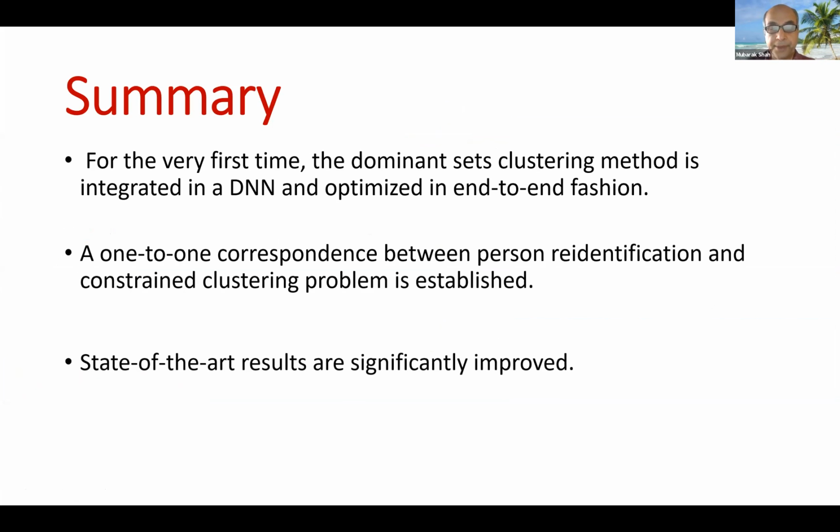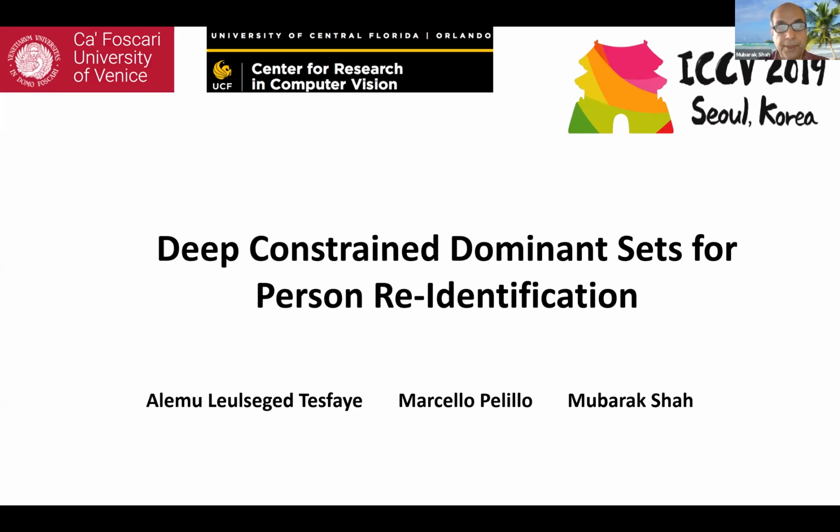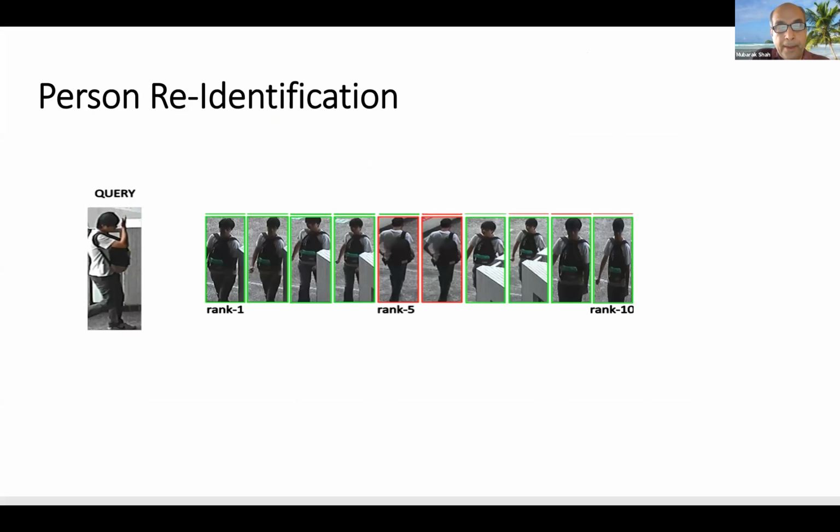Also, we get state-of-the-art results. For future work, we can actually use these dominant sets as the clustering loss. So this was about the second method for re-identification.